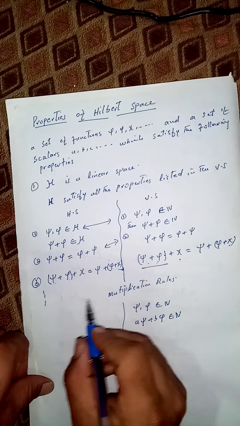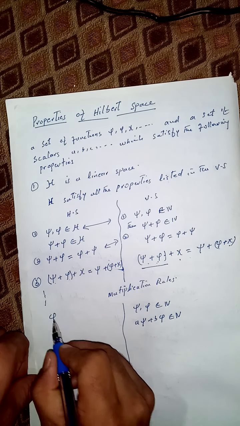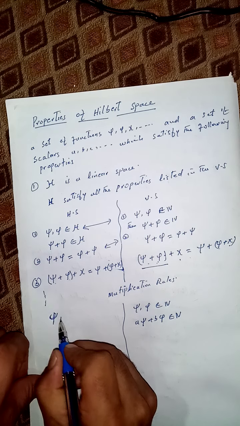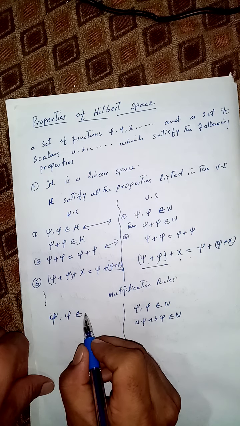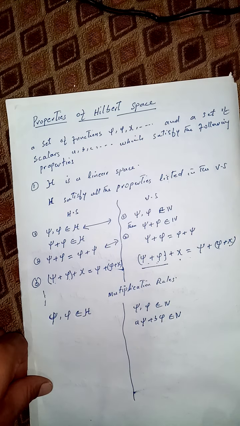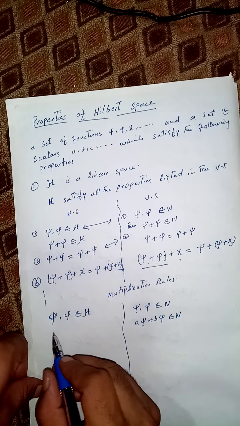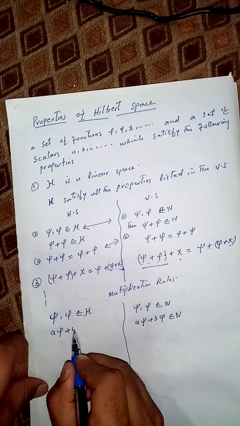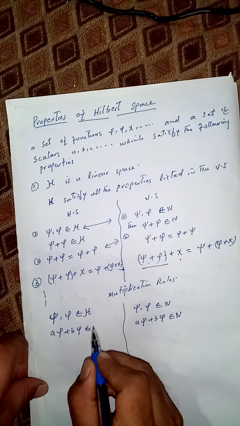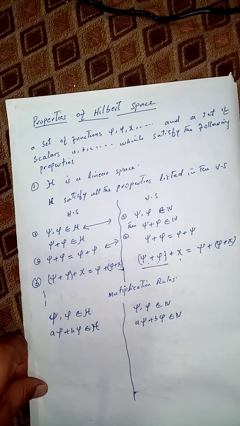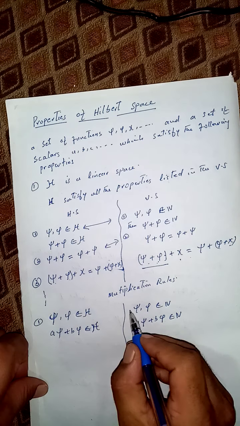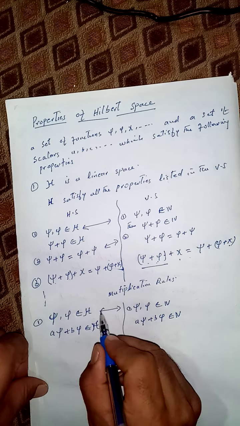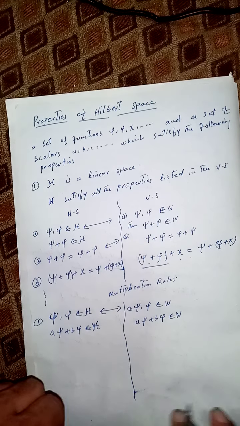The same is true for the Hilbert space. If we have two functions psi and phi belonging to the Hilbert space, then any linear combination A of psi plus B of phi also belongs to the same Hilbert space. This was the first property. They are the same in both cases.